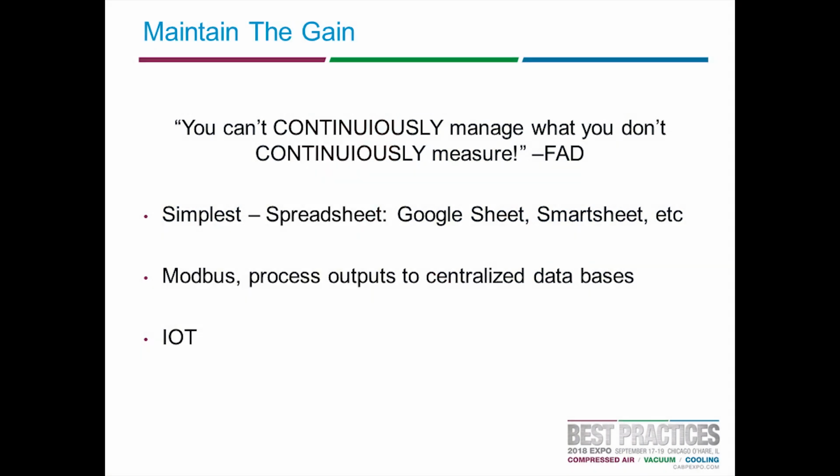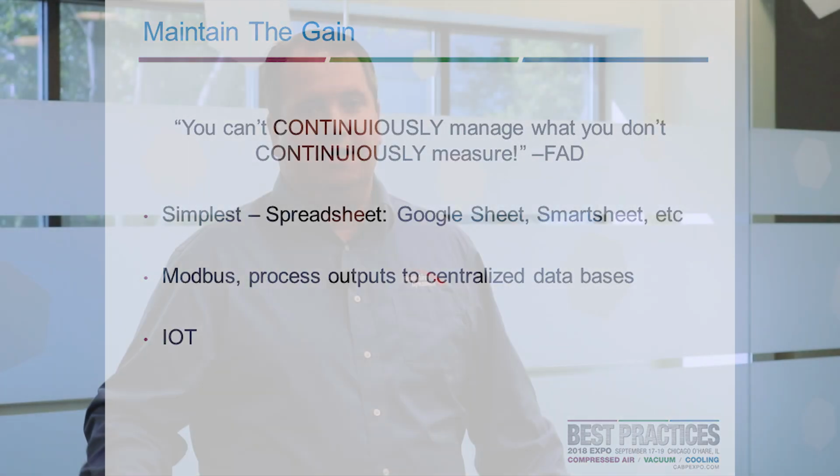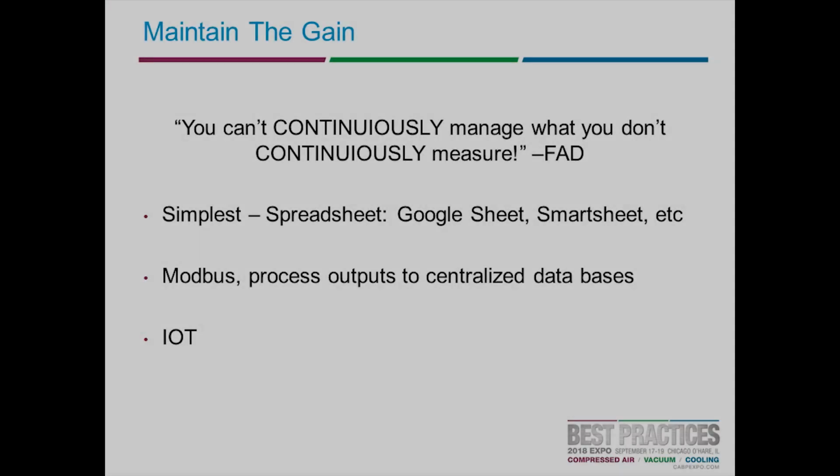Maintaining the gain. You can't manage what you don't measure. We hear that often. We added the word continuously. You can't continuously manage what you don't continuously measure, because compressed air leakage reoccurs every day. Compressed air is very dynamic in its consumption. So it needs to be measured constantly so we can constantly manage it.